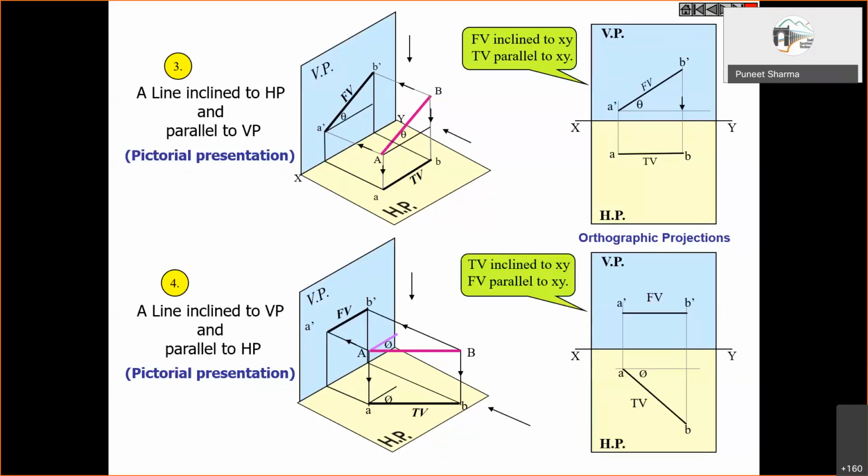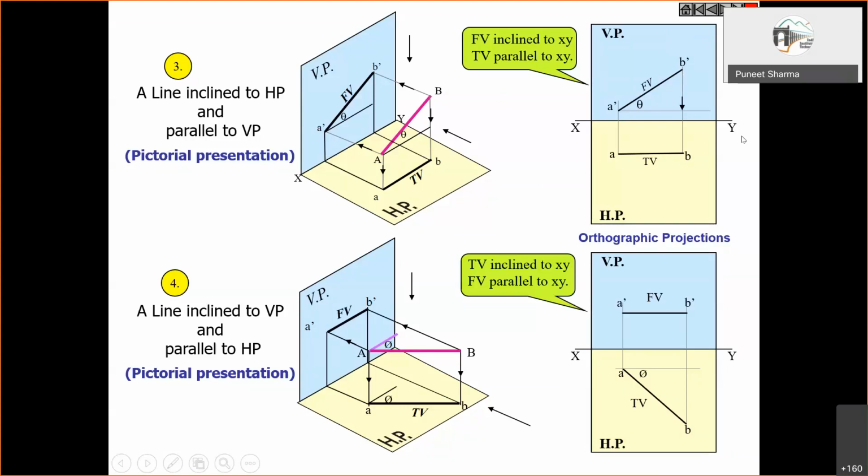So first of all, let us have a closer look at these simple cases. Number one thing: when this line is parallel to the vertical plane, then what do you have? You have this front view giving the true length and true inclination with the horizontal plane. Also, you have a reduced length of the top view which is parallel to xy.